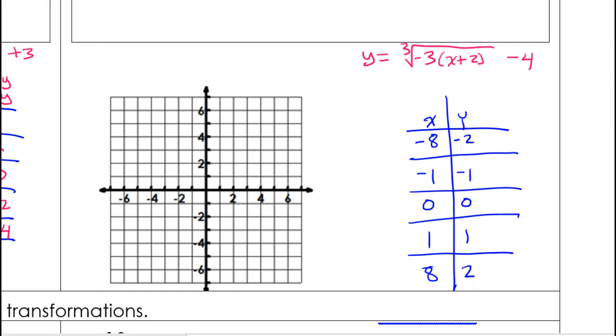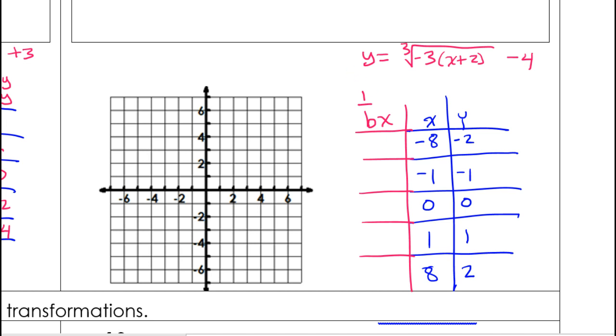Now, as we have seen on previous problems, when you have a b value, you're going to make a new x column. So I will just extend these lines for my new x column. But you don't simply multiply b times these x values. You do the reciprocal of b.